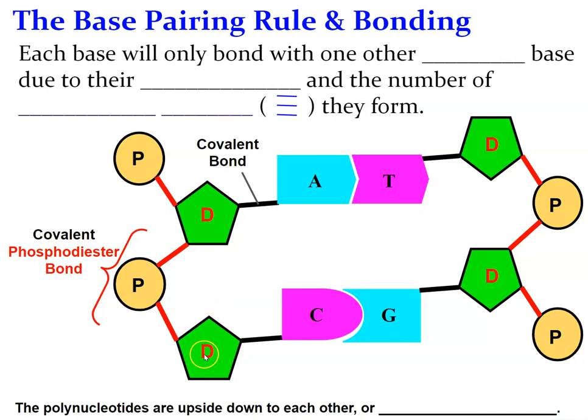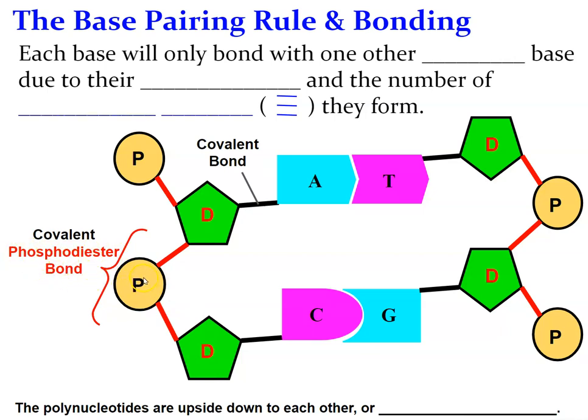But remember, what's between sugars is a phosphate. And this is a covalent bond, but it's got a special name because it's 2 bonds with a phosphate in between. 2 bonds with a phosphate in between is what holds nucleotides together in a polynucleotide. So it's known as a phosphodiester bond.